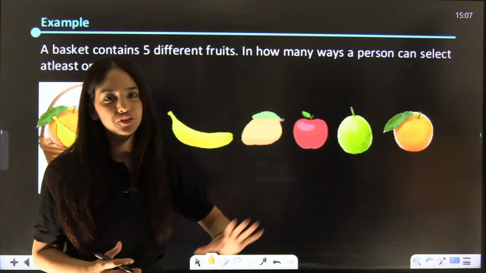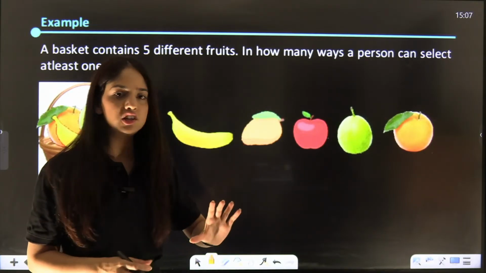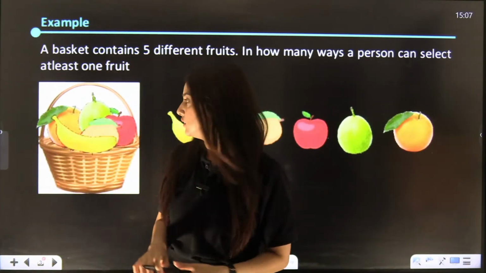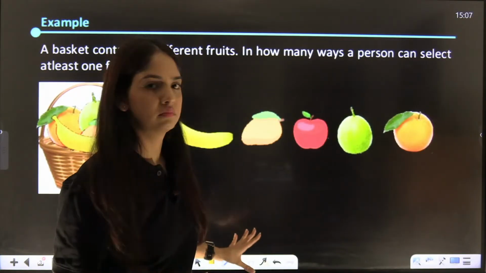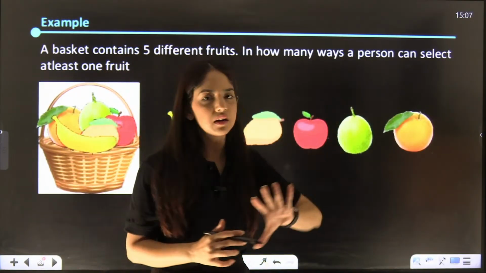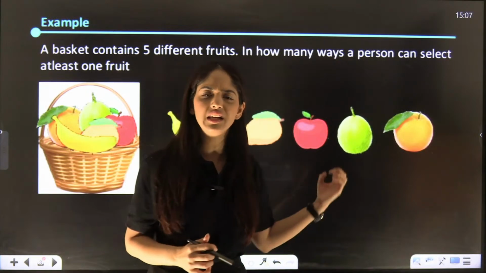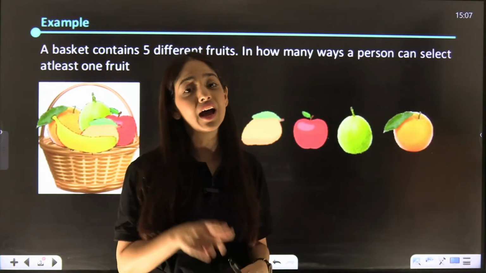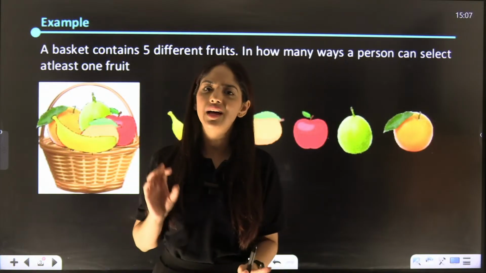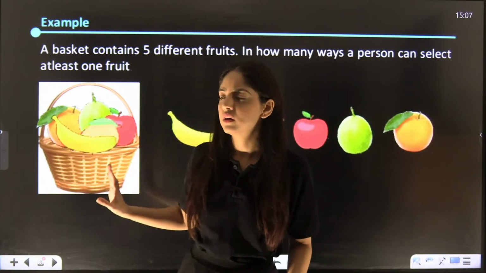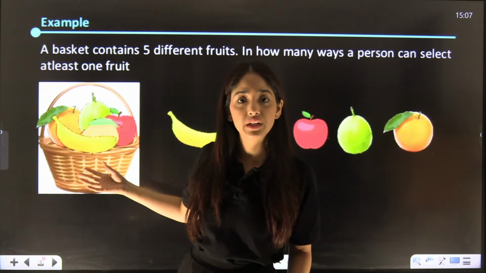So we have 5 different fruits, one of each, in our basket. Now we have to select at least one. We can select any number of fruits out of these, but we have to select at least one. We have to eat at least one fruit, but we can select more than one, maybe 2 of these or 3 of these or 4 of these.